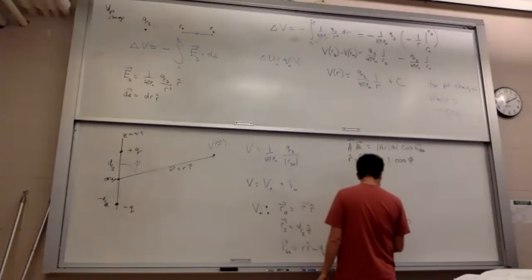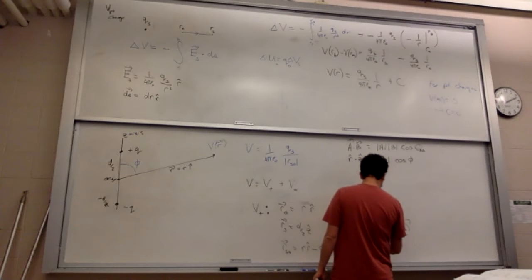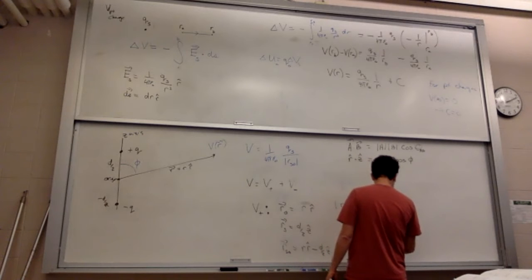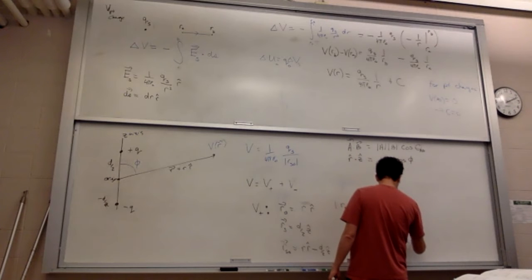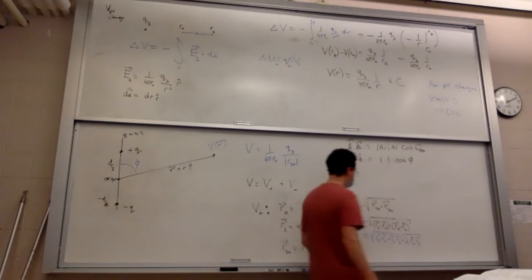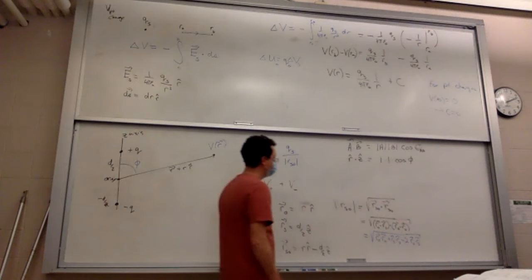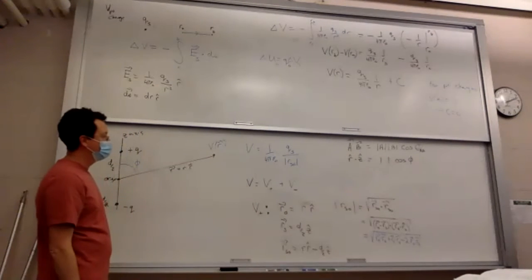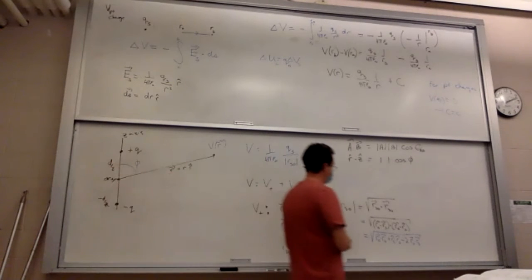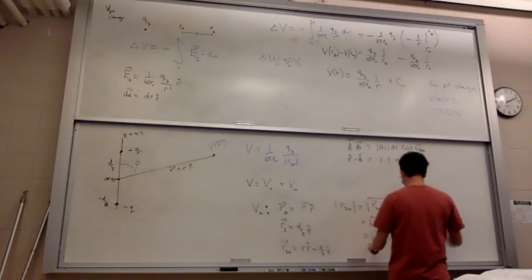Okay, let's work that out. That becomes the square root of, you can distribute, RO dot RO plus RS dot RS minus 2 RO dot RS. Just FOIL the dot product. So what does that equal?